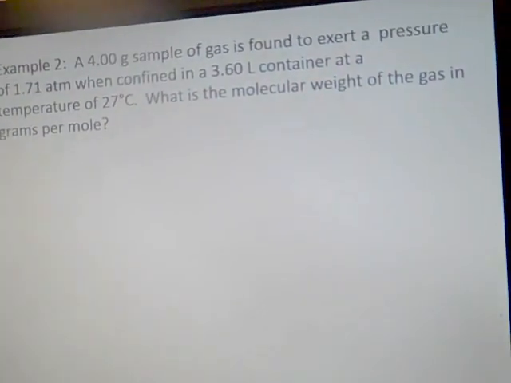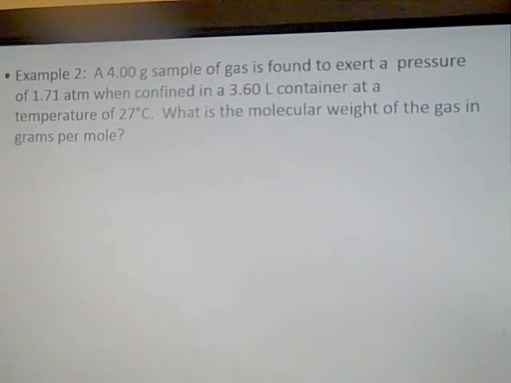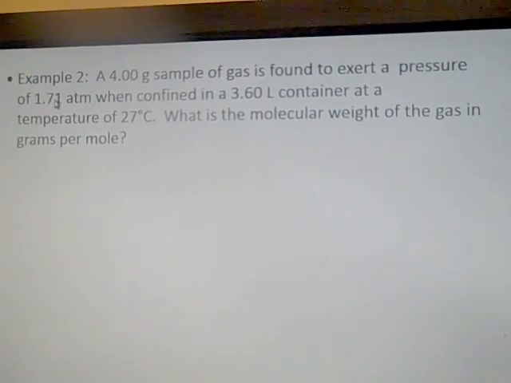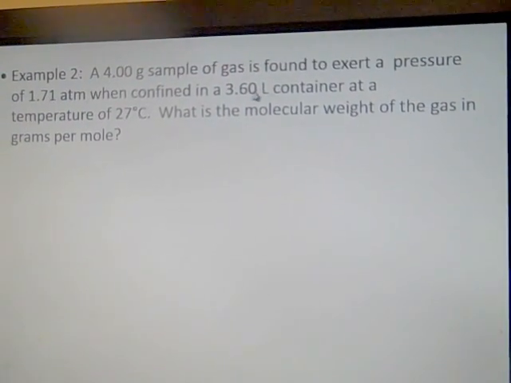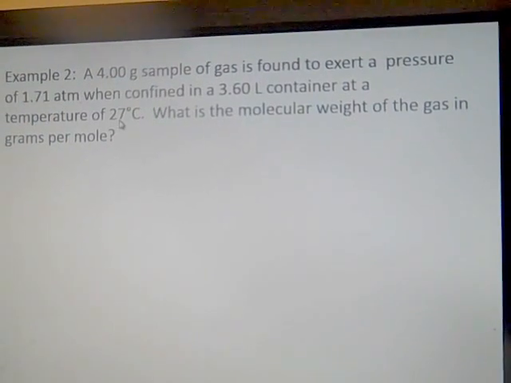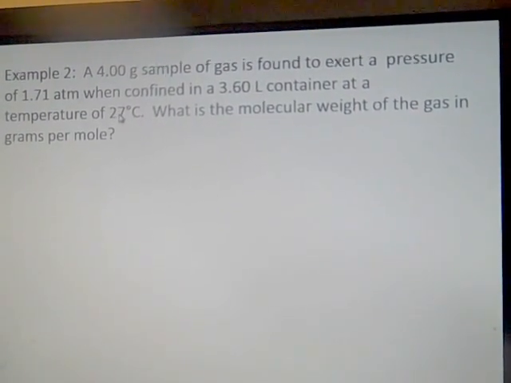So reading this question, what do we see here? We see the pressure is 1.71 atmospheres. We see the volume is 3.60 liters, and the temperature is 27 degrees. But remember, we need to add 273 to this number.